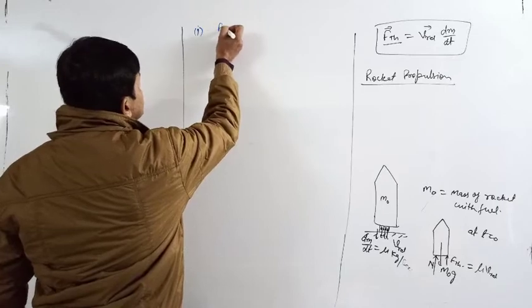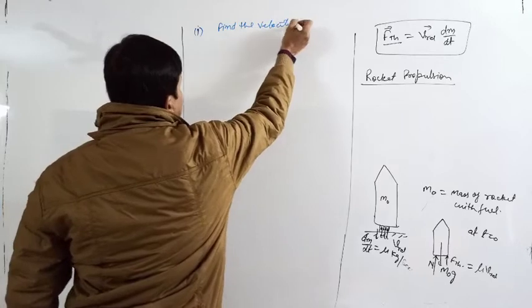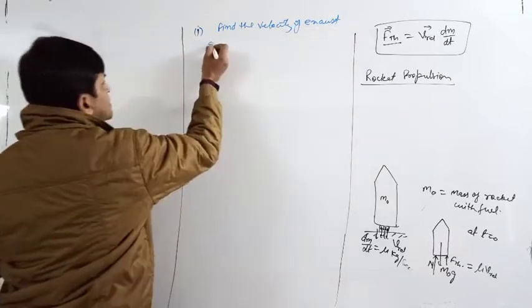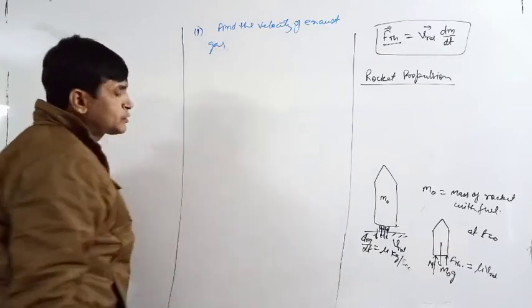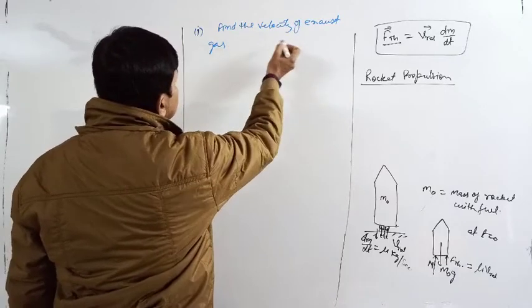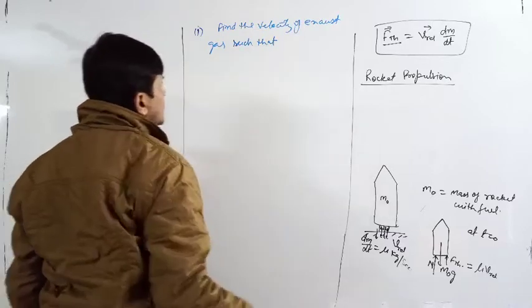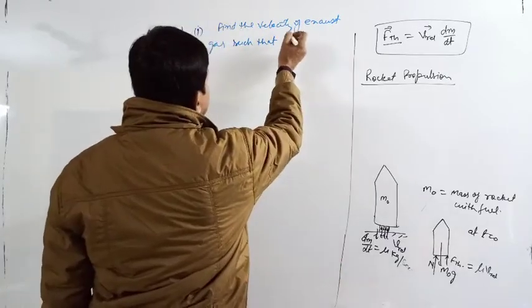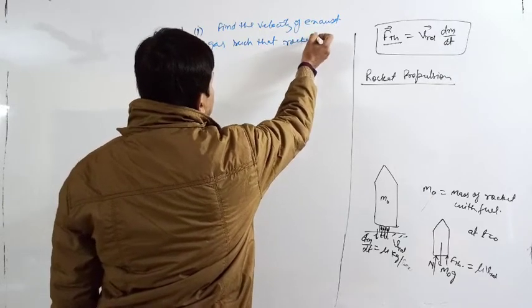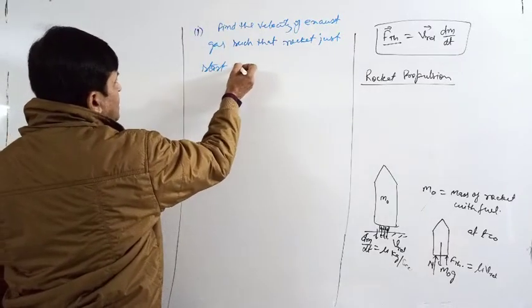Find the velocity of exhaust gases such that the rocket can leave the ground. The rocket just starts accelerating.